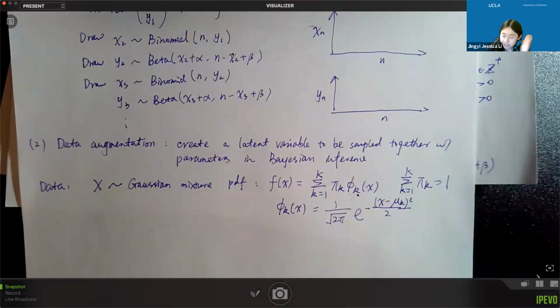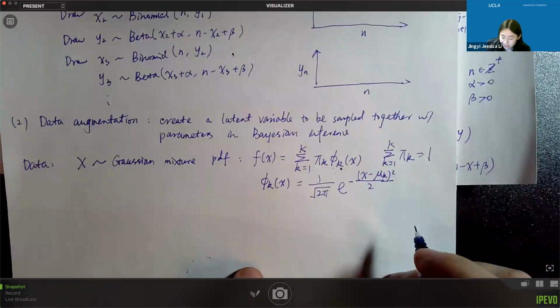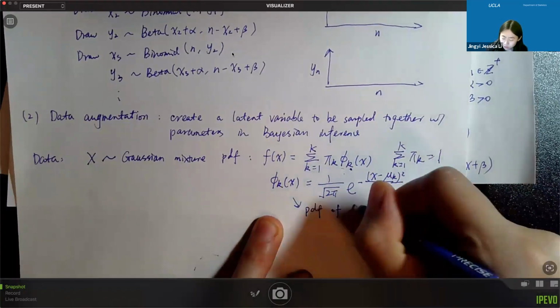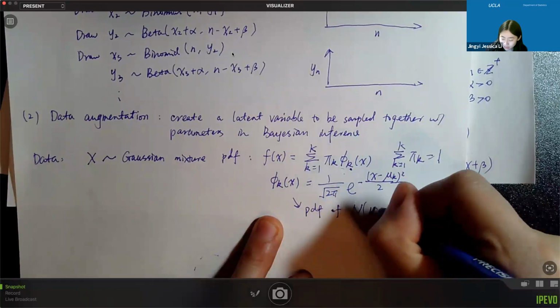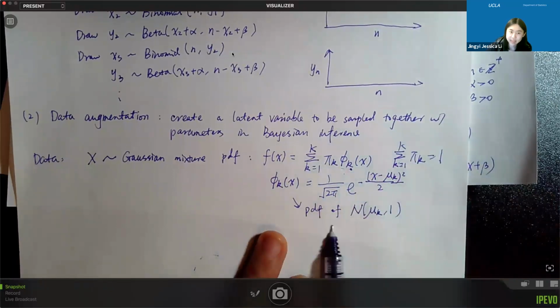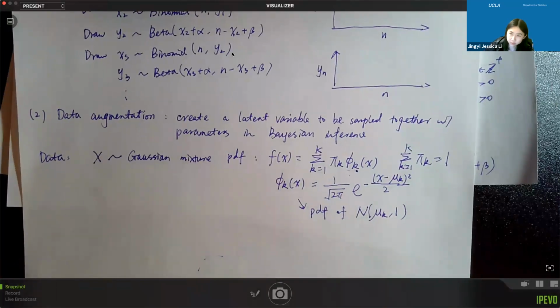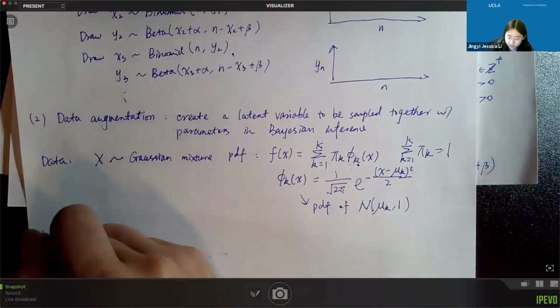In other words, this phi_k(x) is the PDF of a normal with mean mu_k and standard deviation 1. For simplicity, we assume all the components in the Gaussian mixture model to have unit variance. So we only worry about the mean. Okay, so here we are using a Bayesian framework, so we have a prior for the mean.